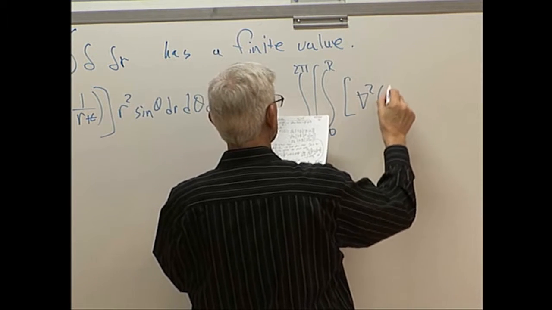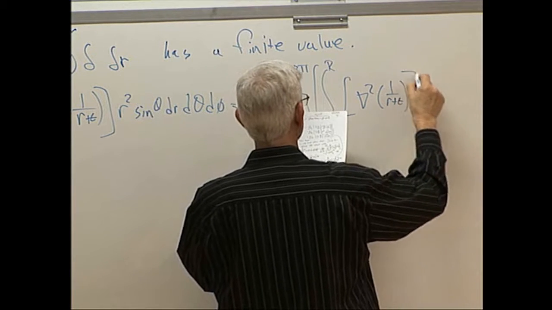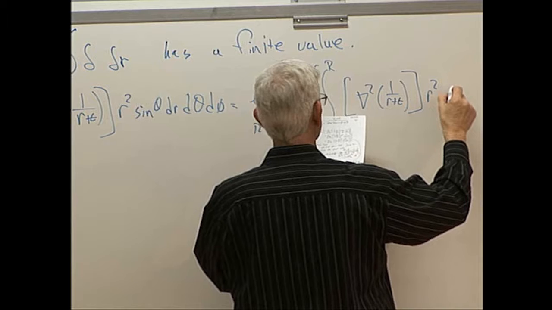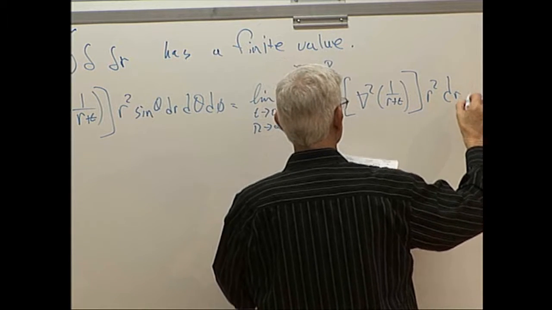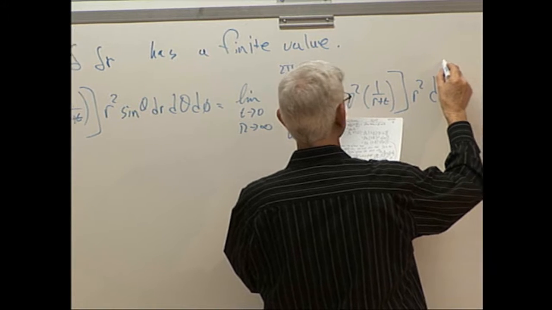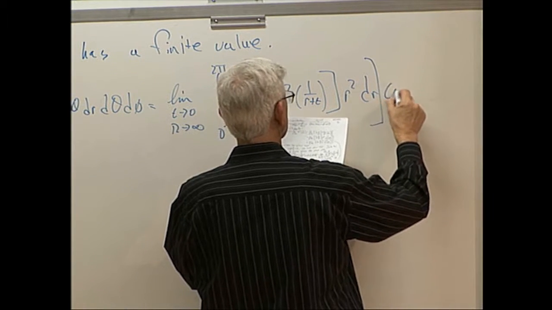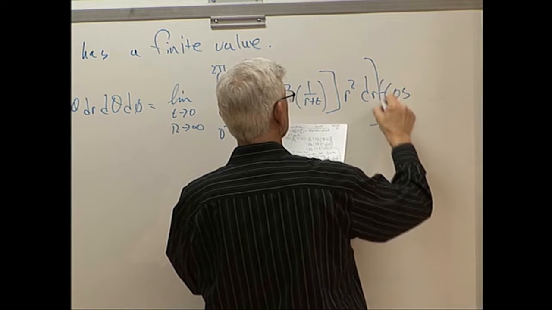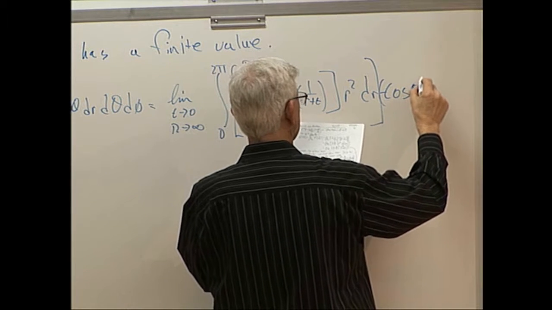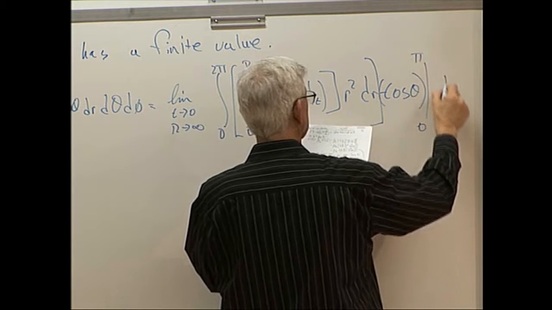Del squared, I haven't actually substituted in yet the result from over there. I'm just working with the spherical coordinates. dr, and then just the minus cosine of theta evaluated from 0 to pi, and then the d phi.